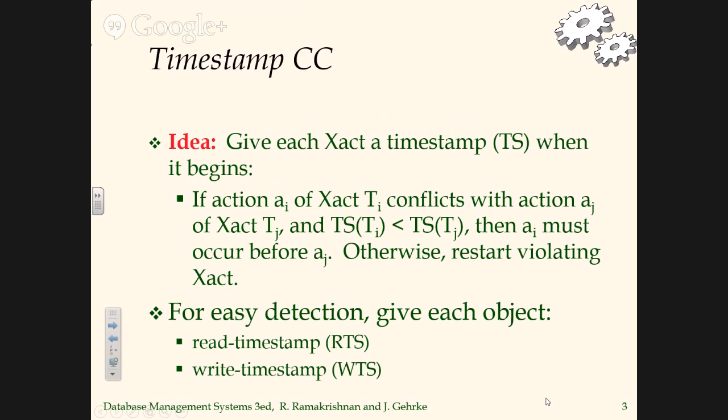So the rule of timestamp concurrency control is that if you have two transactions, Ti and Tj, and Ti is doing some action that conflicts with an action of transaction Tj, and transaction Ti started before transaction Tj, so first transaction Ti starts, then transaction Tj starts, then it's important that the operation of transaction Ti must happen before the operation of transaction Tj. So if you have transaction 1 here, transaction 2 here, and transaction 1 is, let's say, writing an object A, and transaction 2 started after, then transaction 2 wants to write something.